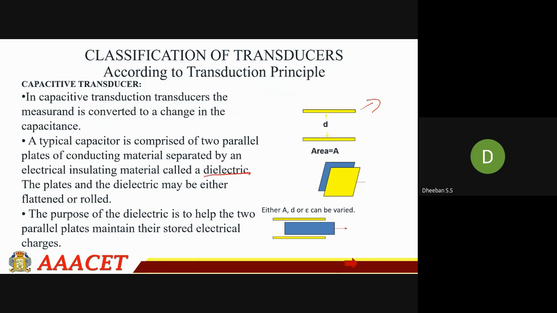The plates and the dielectric may be either flattened or rolled. The purpose of the dielectric is to help the two parallel plates maintain their stored electrical energy. Within this dielectric medium, your energy gets stored. This is the basic principle of your capacitor.